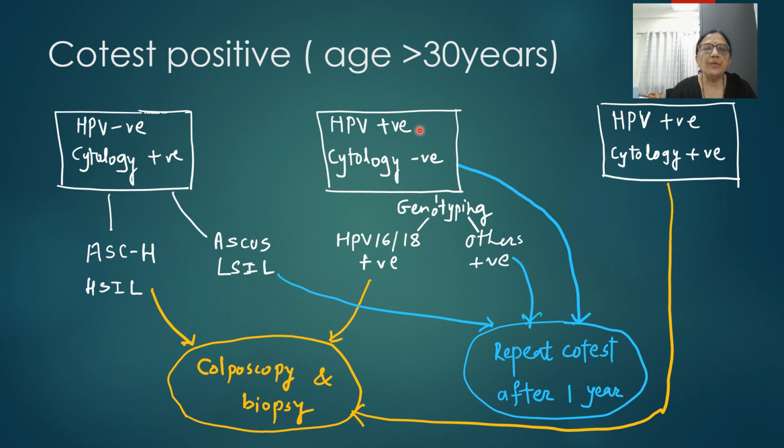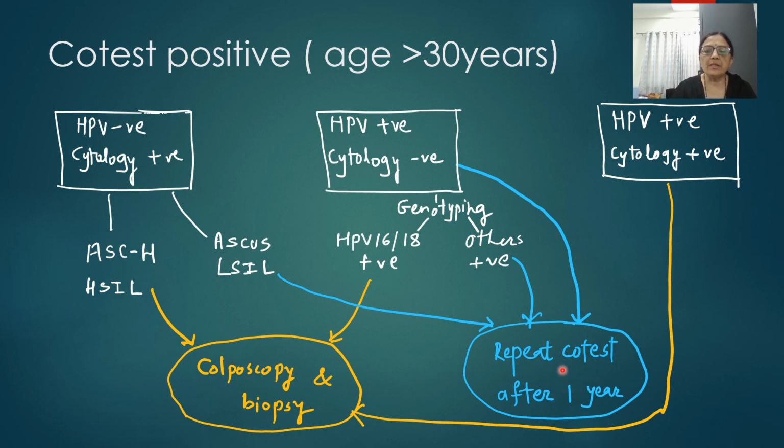Second scenario, HPV is positive but cytology is negative. Then in that case, as HPV is positive, we do the genotyping. If it is non-16, 18, repeat co-test after 1 year. Or there is another important option: with HPV positive but cytology negative, we can directly go for repeat co-testing after 1 year.